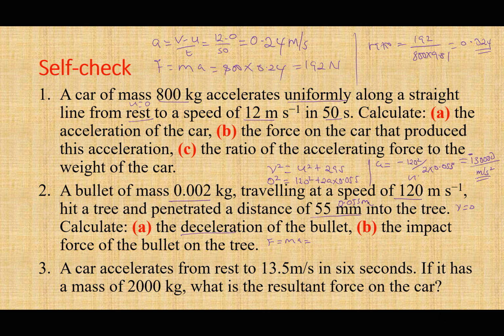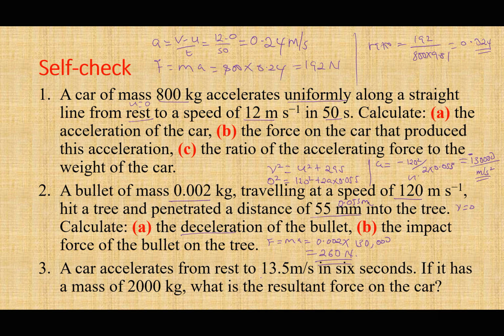If this is the deceleration, this is the force. The decelerating force is going to be 0.02 times 130,000. I ignore the negative. And this is going to be 260 newtons. That is going to be the decelerating force.